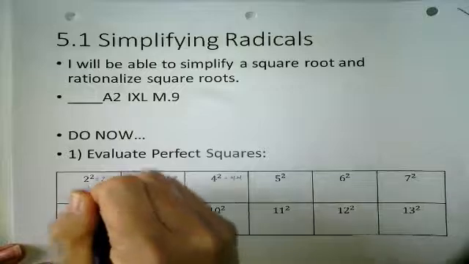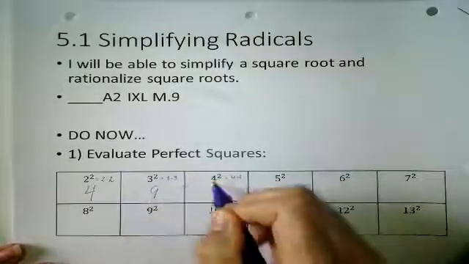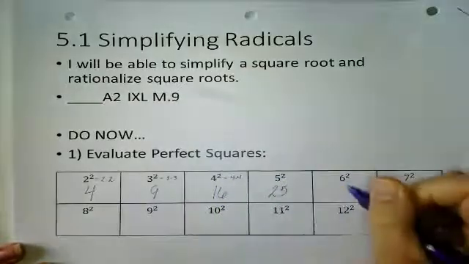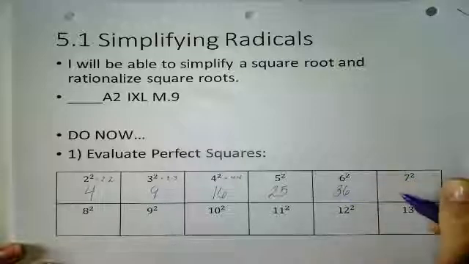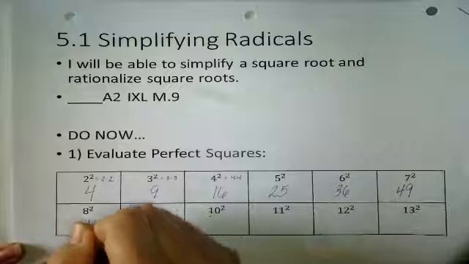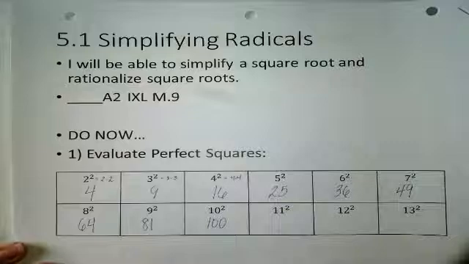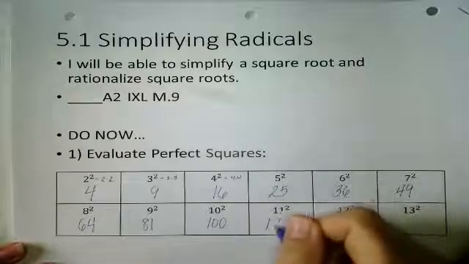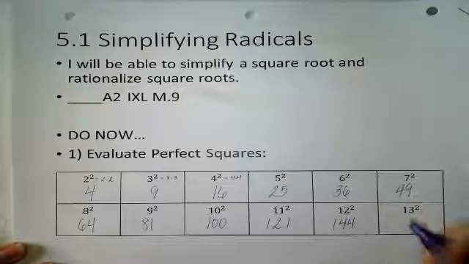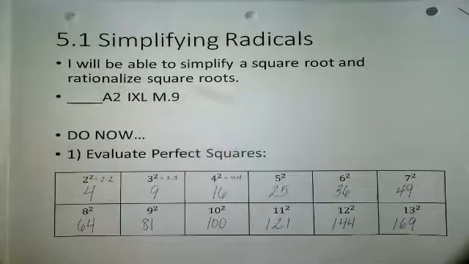So of course 2 times 2 is 4, and 3 squared is 9, and 4 squared is 16, 5 squared is 25, 6 squared is 36, 7 squared is 49, 8 squared is 64, 9 squared is 81, 10 squared is 100, 11 squared is 121, 12 squared is 144, and then 13 squared is 169, which are all perfect squares.